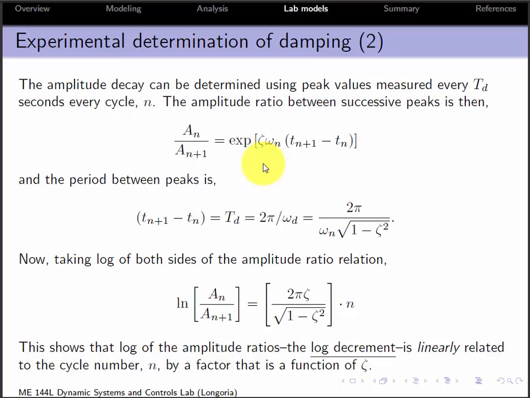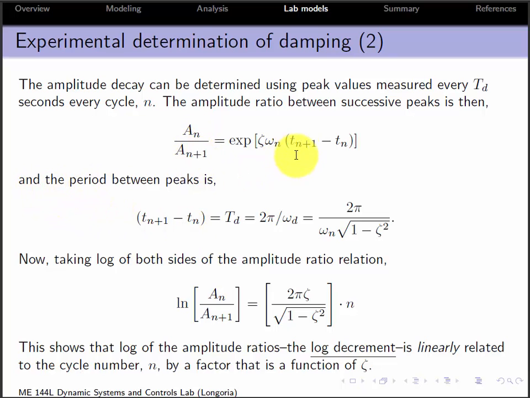Now we're looking at this amplitude decay, and by using the analytical solution, we can see that the ratio between two cycles, between two peaks, let's say n is the number of one peak, and then the next one is a sub n plus 1, you can show that that ratio is simply the exponential of zeta omega n and the time between those. Now, the thing to note is that this time difference is something that we can measure, right? This is also something that we can measure.